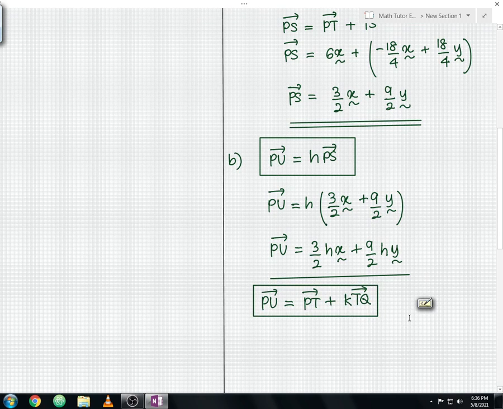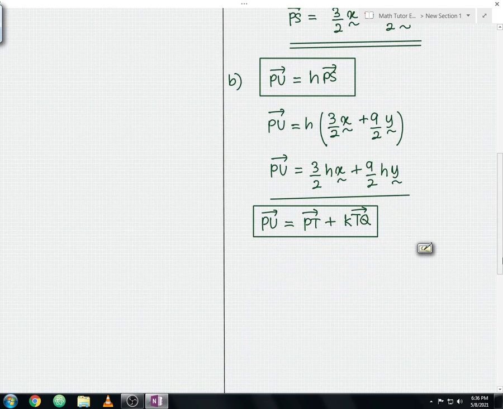Vector PU we have already found in our first step over here, so we can just substitute over here in the working. So from here, 3 over 2 hx plus 9 over 2 hy will be equals to, so from here vector PT, in the question they've already given us is 6x.